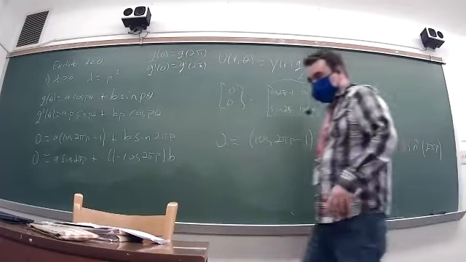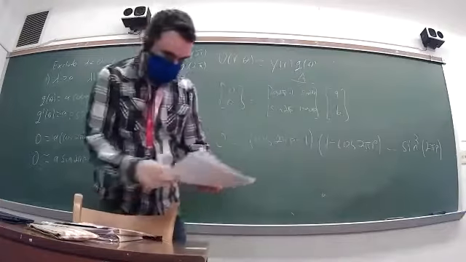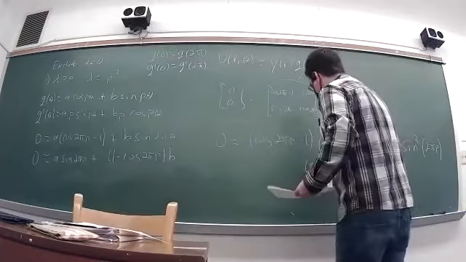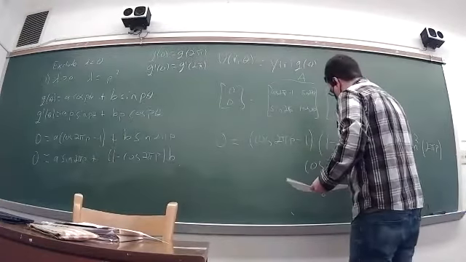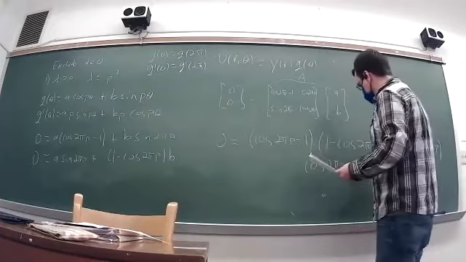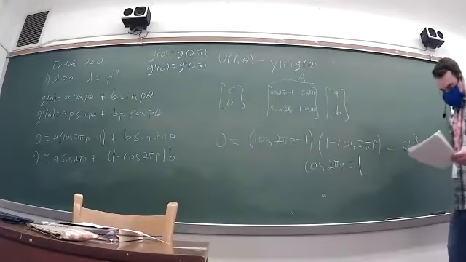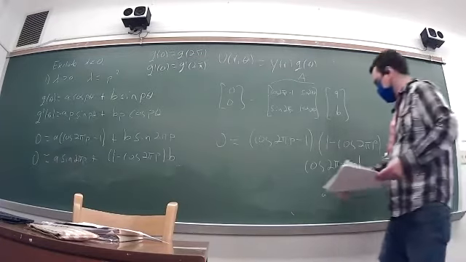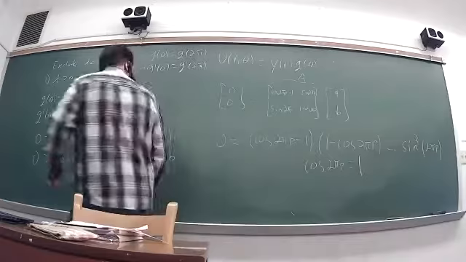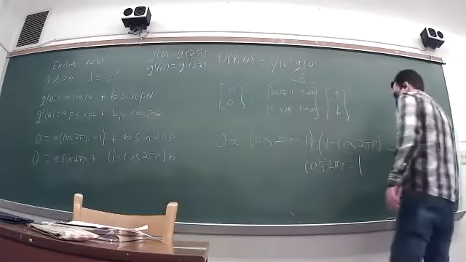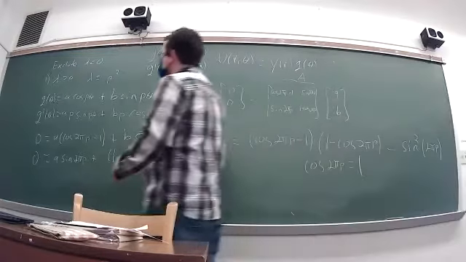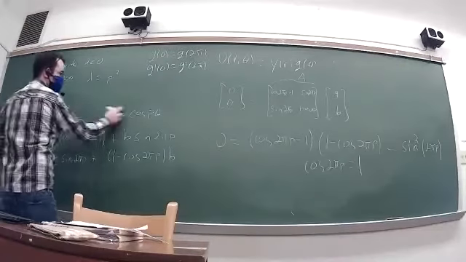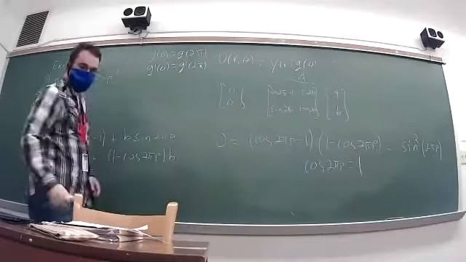And so do the algebra, work it out, and realize that cosine 2 pi times p equals 1. Yeah, that's right.